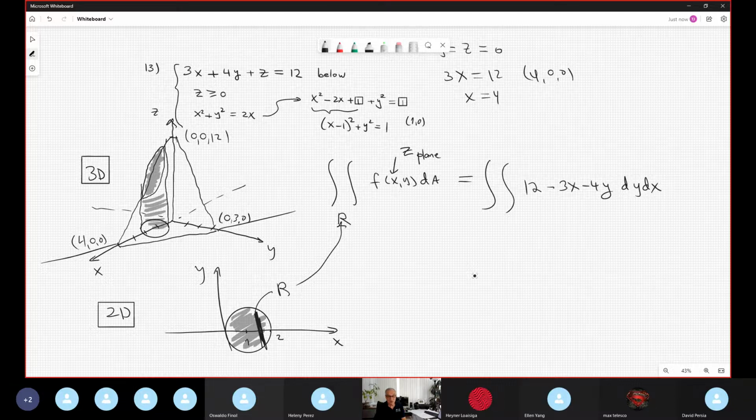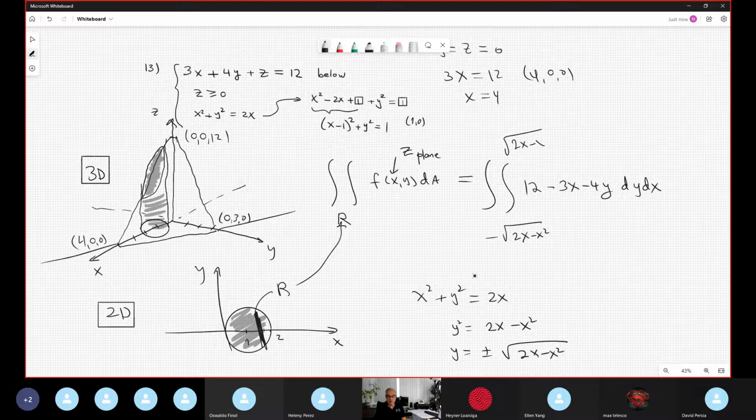Because you take this and isolate y. So x squared plus y squared equal to 2x. y squared is equal to 2x minus x squared. Apply square root, plus and minus the square root of 2x minus x squared. And you integrate in the y direction from negative square root of 2x minus x squared to positive square root of 2x minus x squared. Do you follow me?